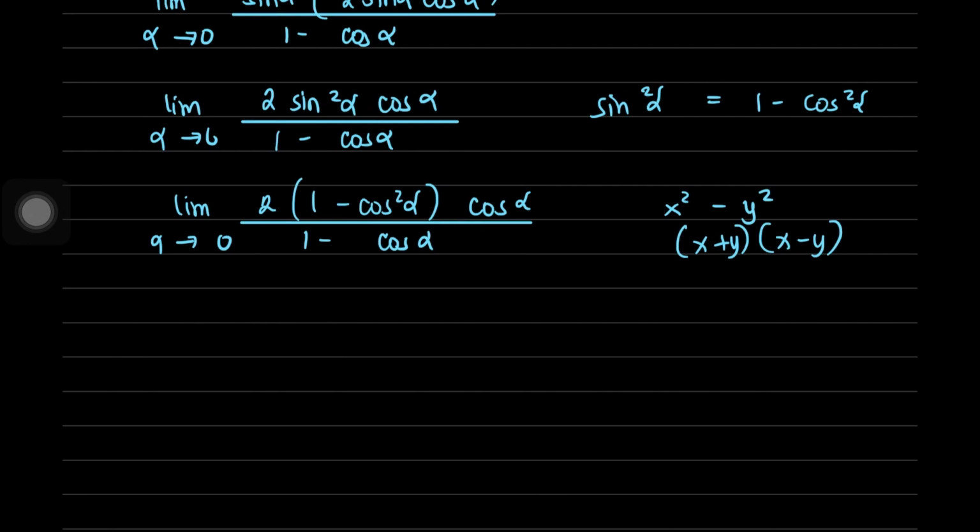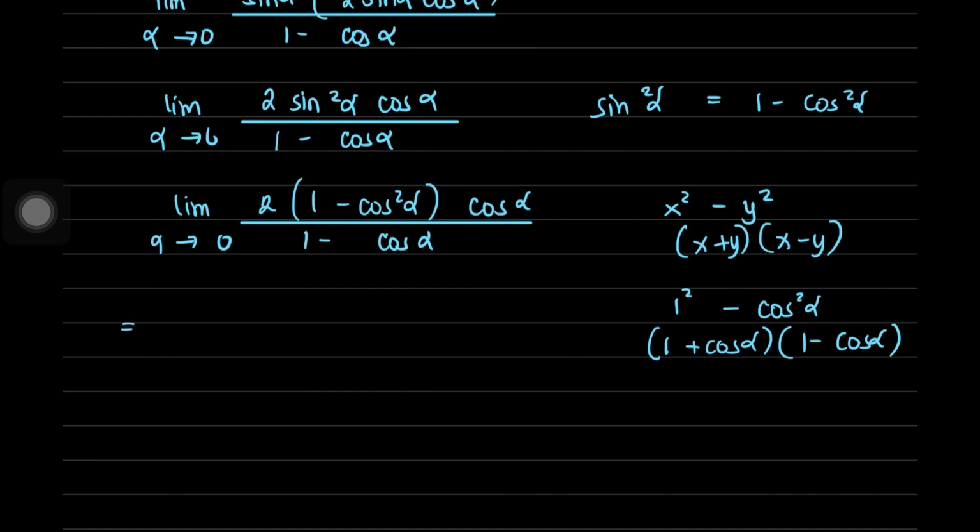So if x is equal to 1 squared and y is equal to cosine squared alpha, therefore the factors of this one would be 1 plus cosine of alpha multiplied by 1 minus cosine of alpha.